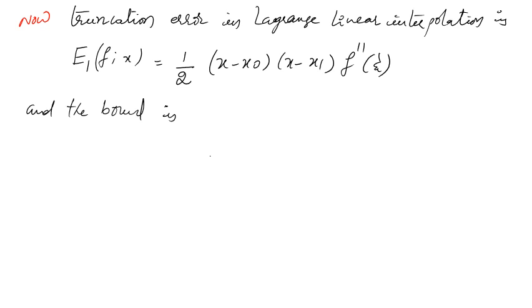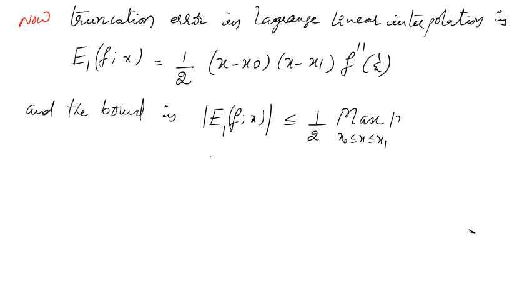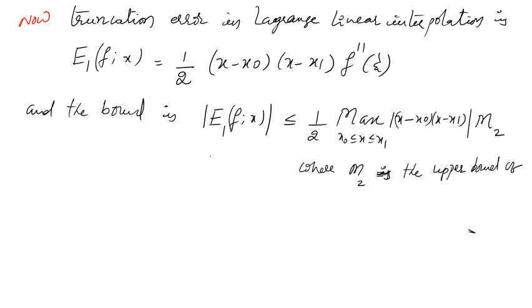And what is the bound? Modulus of E1(x) is less than or equal to 1 by 2, maximum over x0 less than or equal to x less than or equal to x1, modulus of (x minus x0) into (x minus x1) into M2, where M2 is the upper bound of f double dash x.